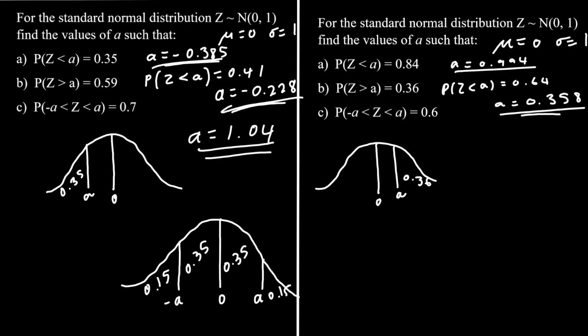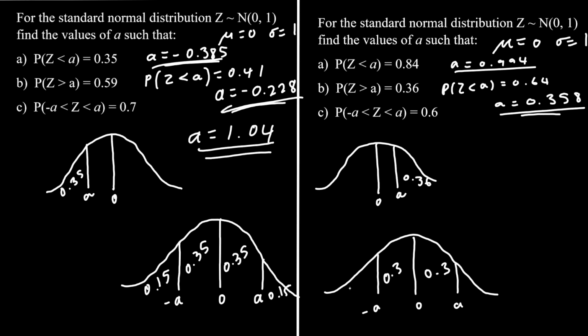And for the last one, let's sketch it again. So we've got between negative A and A is 0.6. Because it's symmetrical, we're going to split that into 0.3 on both sides. And then that means 0.2 is in the tails.